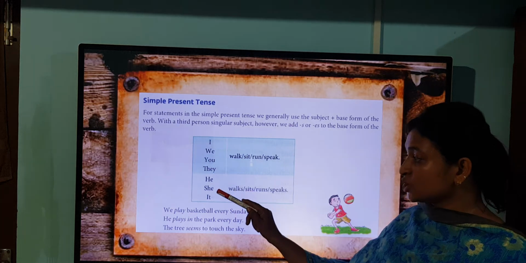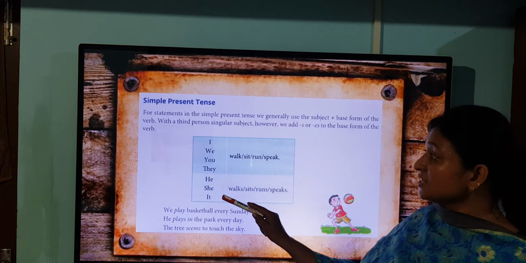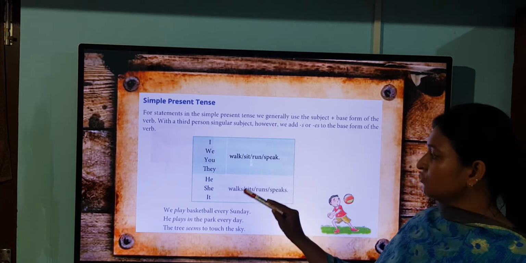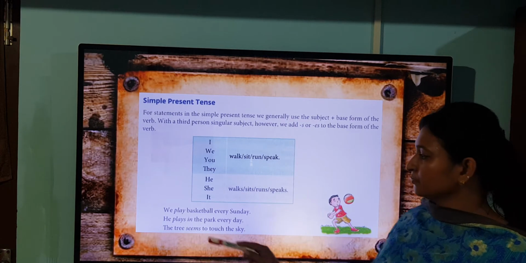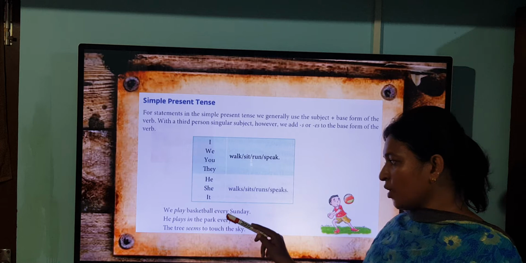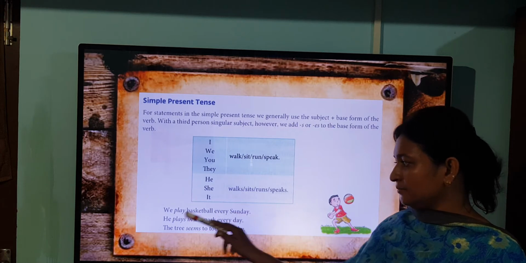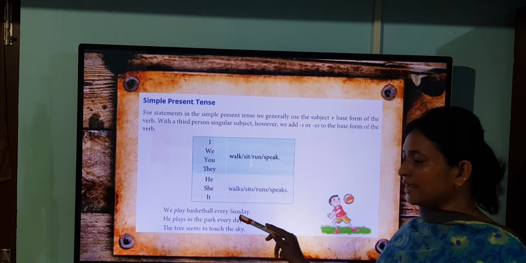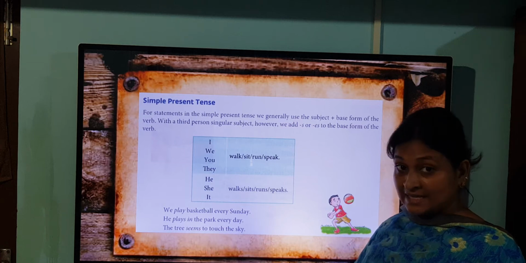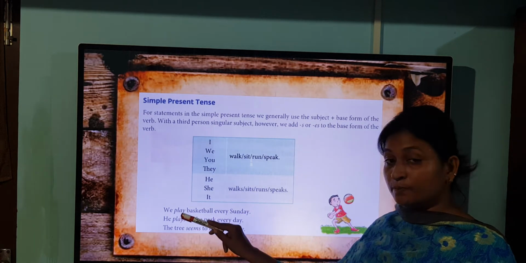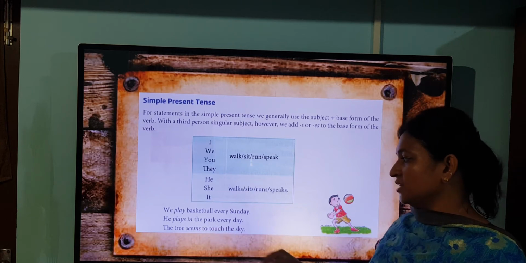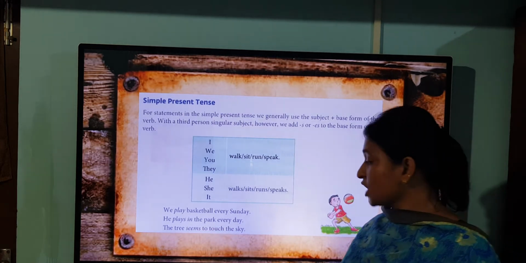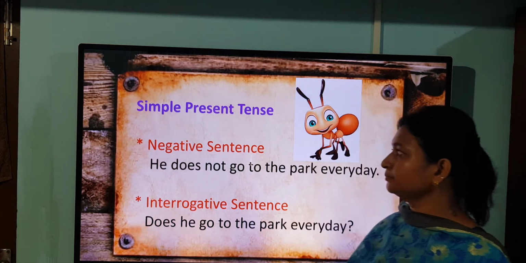But when it is he, she, it, that is a third person singular subject, we will be using walks, sits, runs and speaks. We play basketball every Sunday. He plays in the park every day.